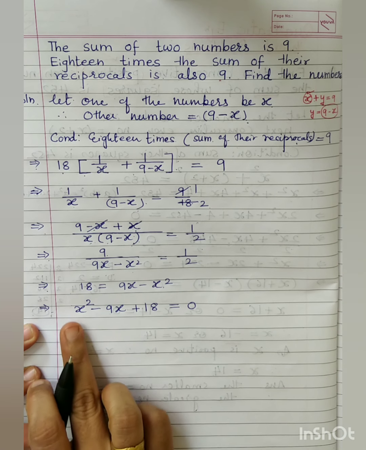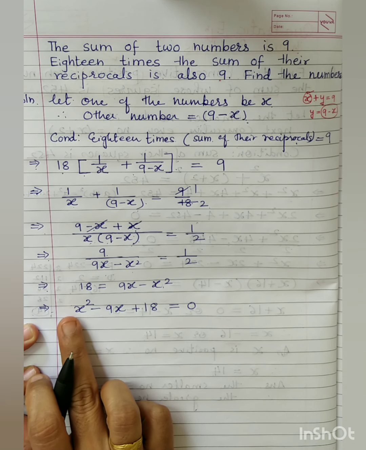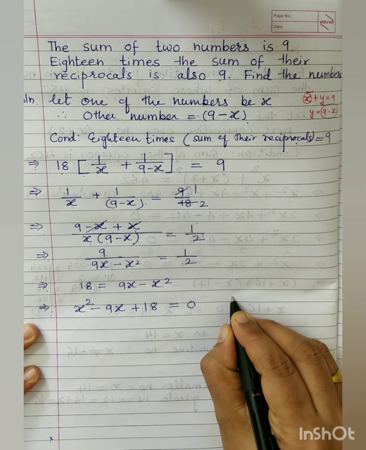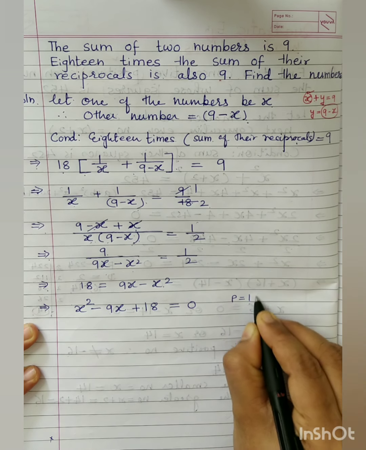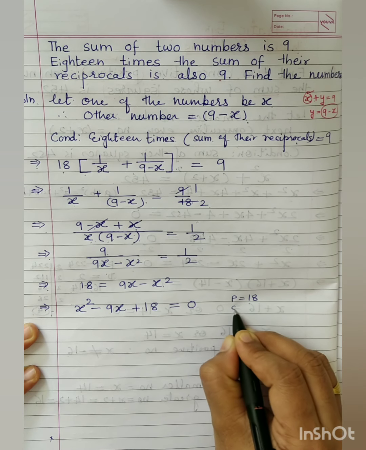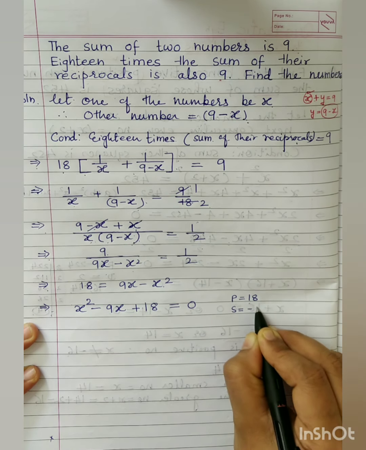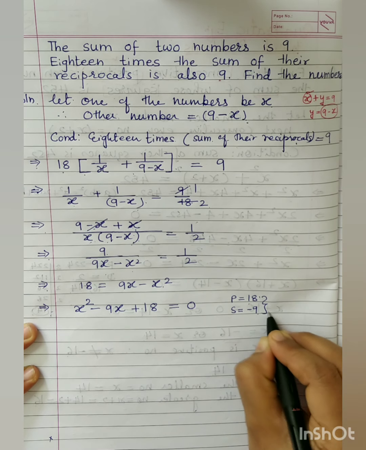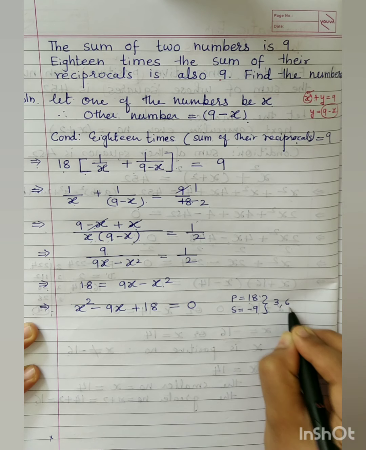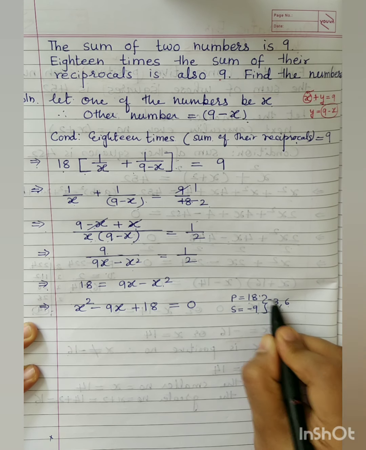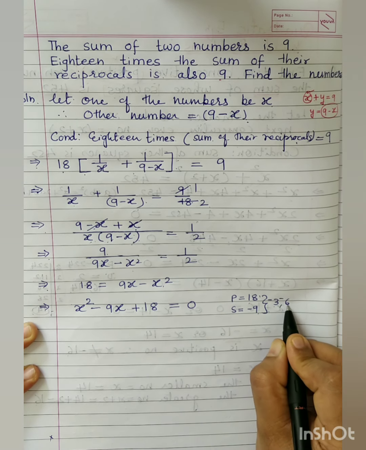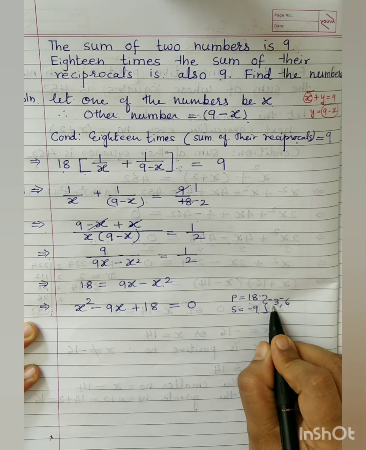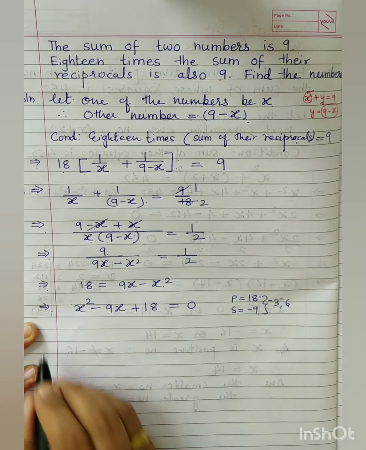You need to work out the factors. Coefficient of x square is 1, into 18, so our product is 18. The product is positive, and we are finding the sum. The sum should be minus 9. Two numbers, product 18, sum 9. What are they? 3 and 6. Both will be negative: minus 3 into minus 6 is plus 18, and minus 3 plus minus 6 is minus 9.